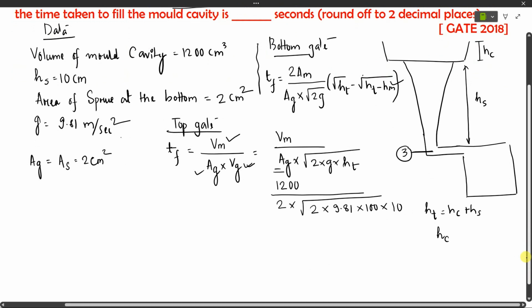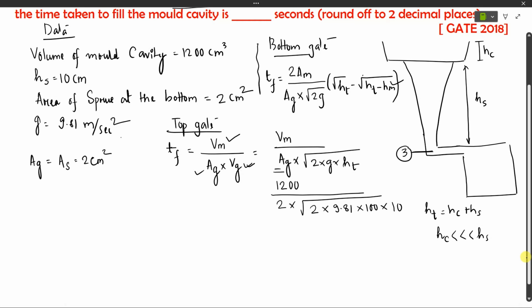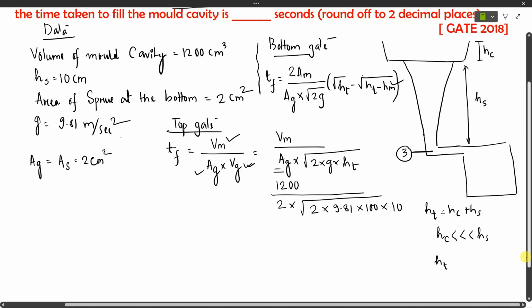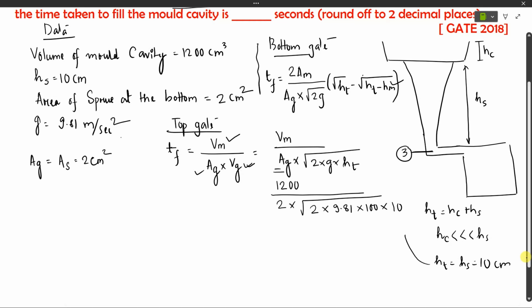We will assume that HC is very small as compared to HS, hence HC will be neglected, hence HT will be taken as HS, which is nothing but 10 centimeter given in the question, and that is what 10 we have taken here. So if we calculate this one, the value comes to be 4.28 seconds, which is actually the right answer.